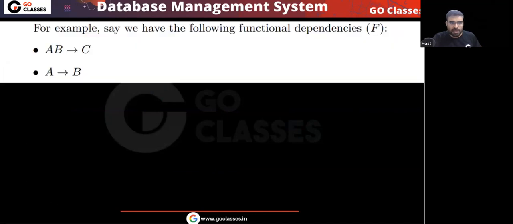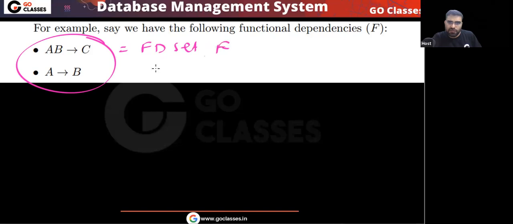Now, let's check this example. Can I say this B is extra? Let's check. This is your set of FDs, the FD set F that is given to you.